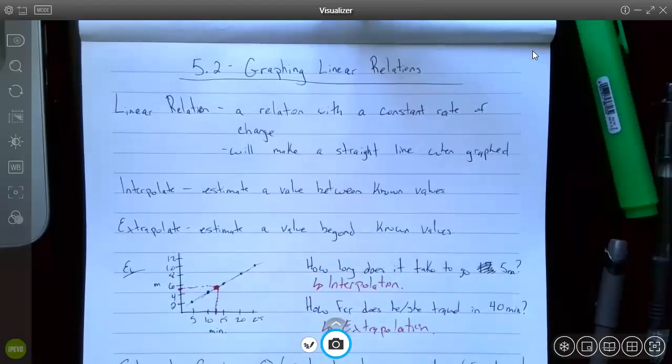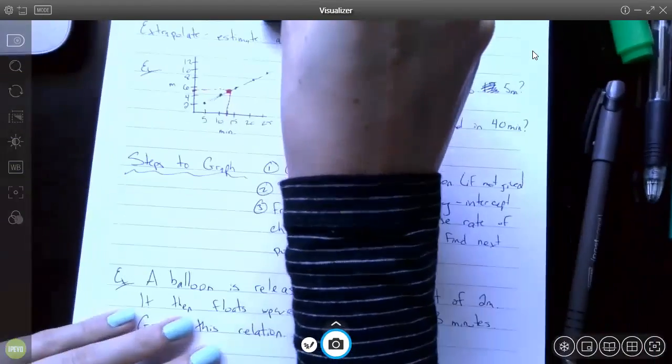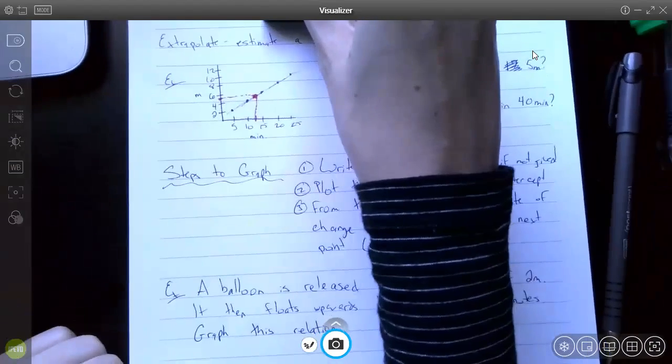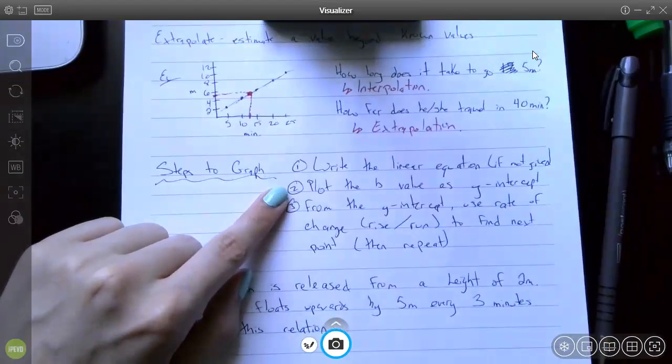So how do we actually create a graph? That's the important thing of this lesson. So here are our steps to graphing. Step one, if you're not given the linear equation, you need to write the linear equation, which again we learned about the other day. Then you need to plot your b value.